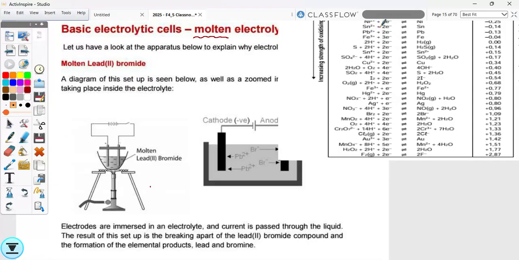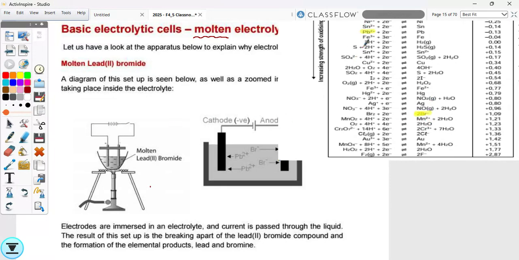As I said yesterday, it's very important what terminology you use. So there's my lead ion, and you can always look if there's another one. I don't think there's going to be another lead. And then we've got Br minus. There's my Br minus there. So those are the two things we have. Can you see how easy life is now? Because we only have one on the left and we only have one on the right.